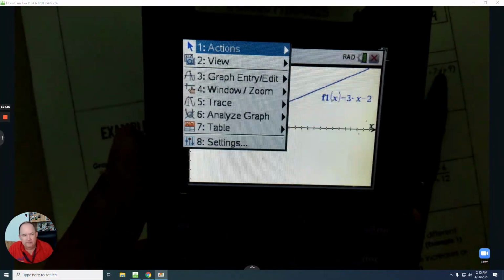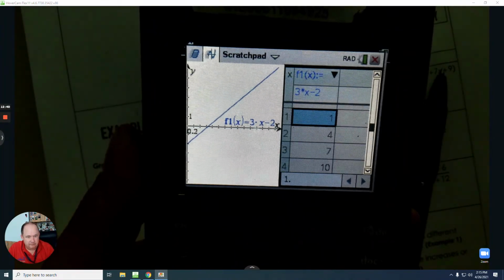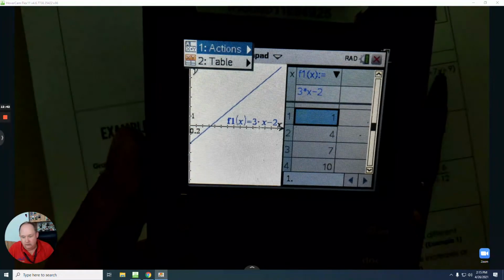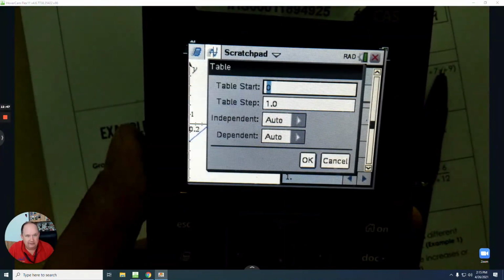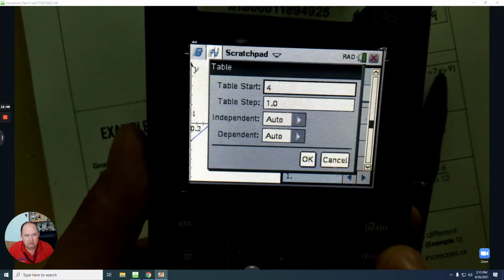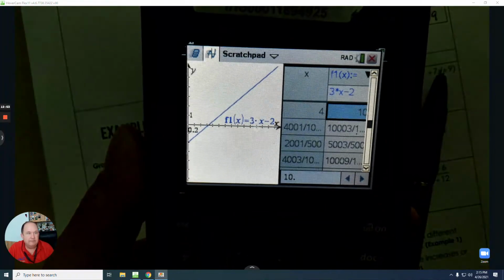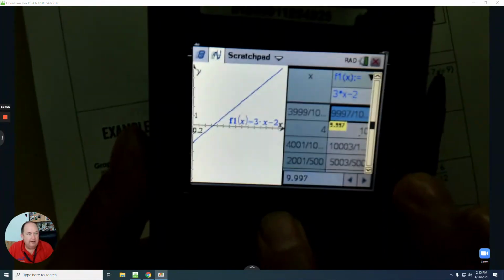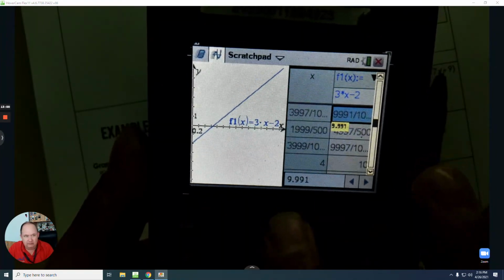Menu and table. And if I go menu again, you can change the attributes of it. So if I edit table settings, I can start at 4, and we have 0.001. And if I go from this side, you can see from the other side, the answer is approaching.